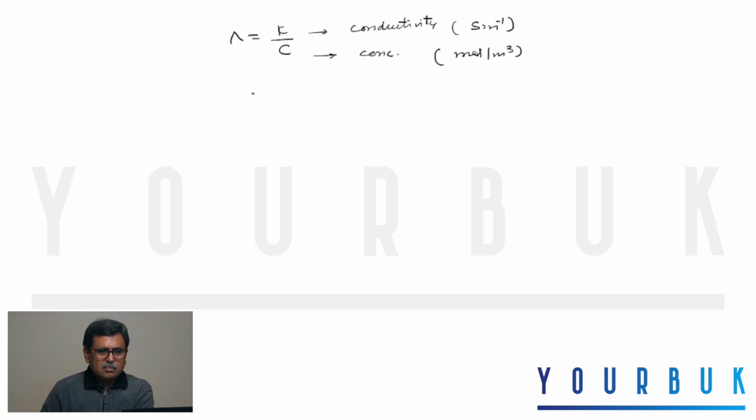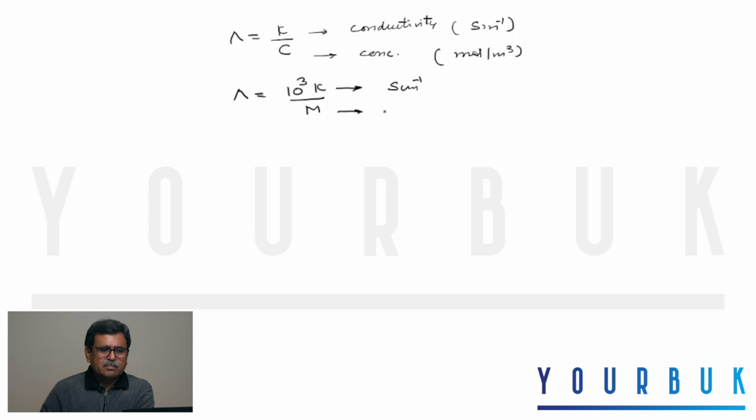So to make it more accurate, to make it more meaningful, use this formula for the molar conductance: 10 raised to power 3 into kappa upon molarity, which is concentration. In this formula, the kappa should be in Siemens centimeter inverse, and most of the time we use kappa in Siemens centimeter inverse only.